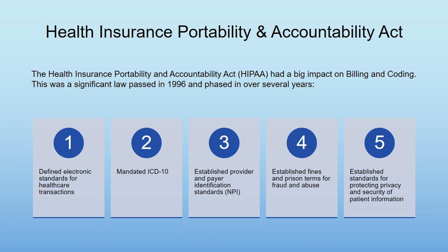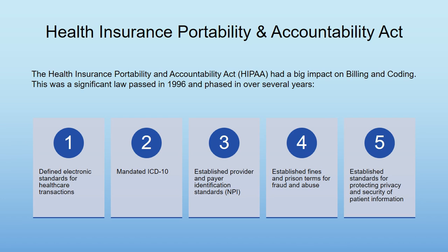But what HIPAA did, and I've brought up 5 primary points that affect billing, is first it defined the electronic standards for healthcare transactions. This is for transmitting claims and verifying insurance, electronic remittance advice, those kinds of things. It mandated the adoption of the ICD-10 diagnosis codes.